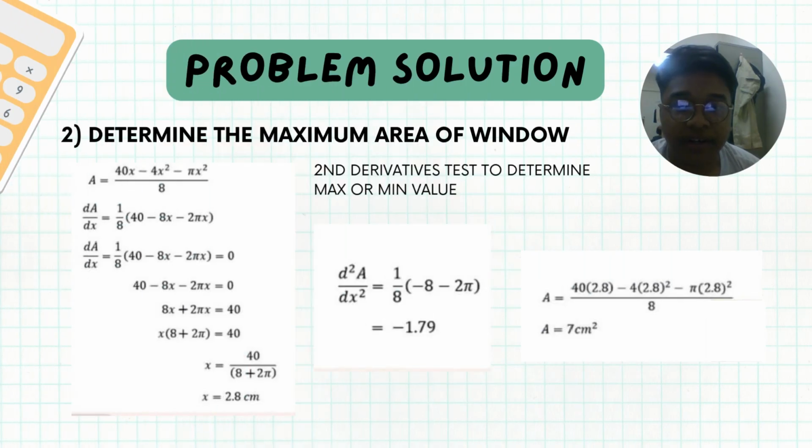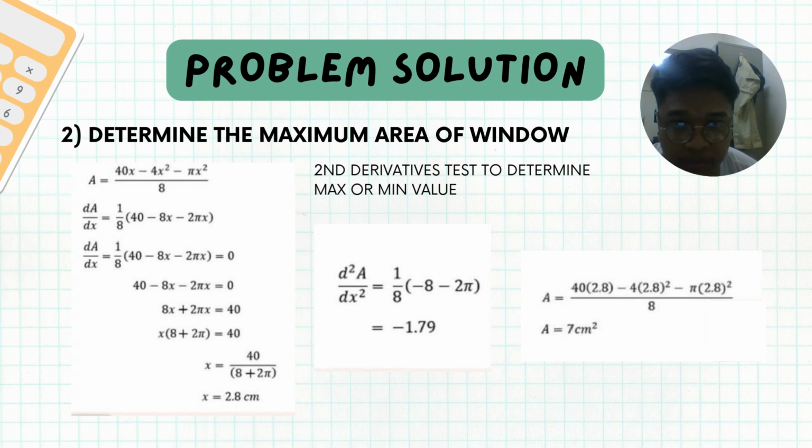For the last part, we determine the maximum area of the window. From the previous question, we get area equals 40x minus 4x squared minus pi x squared over 8. So we differentiate that equation, and we get 1 over 8 times 40 minus 8x minus 2 pi x.